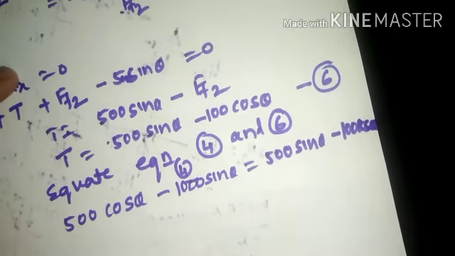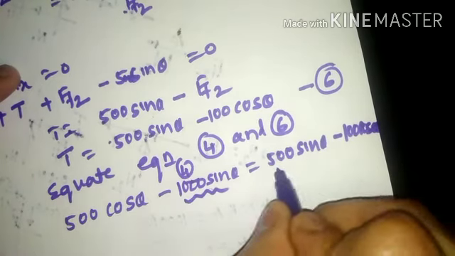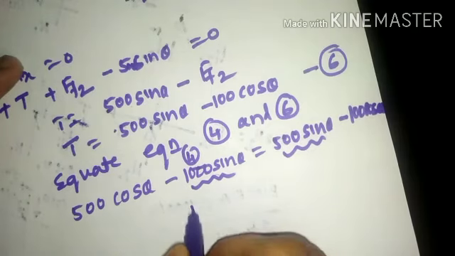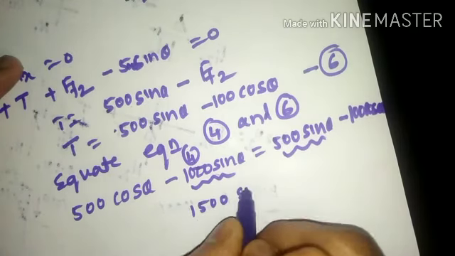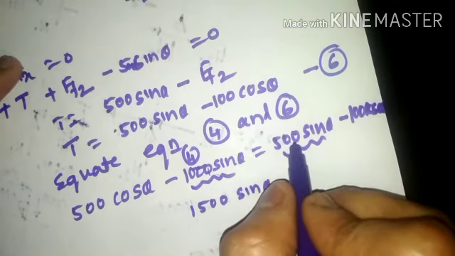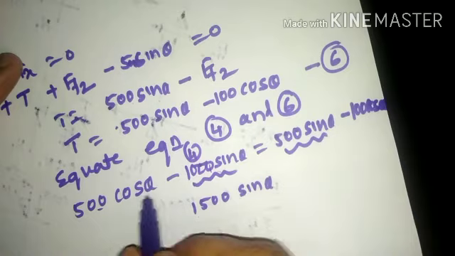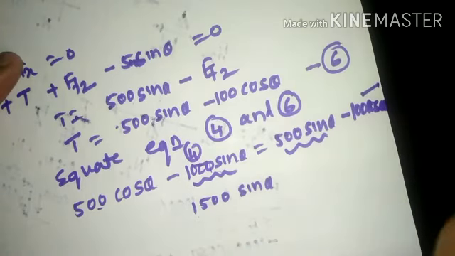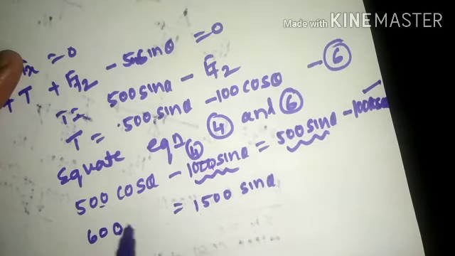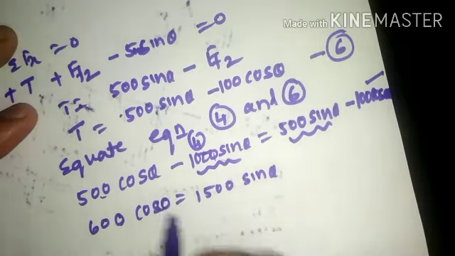If you reframe this equation by collecting like terms, this is 1000 sin theta and 500 sin theta. Take 1000 sin theta to the right hand side. This will be 1500 sin of theta, because 1000 plus 500 is 1500 sin theta. Then 500 cos theta on the left hand side and 100 cos theta on the right hand side, so it will be 600 cos of theta, because 500 plus 100 is 600 cos of theta.